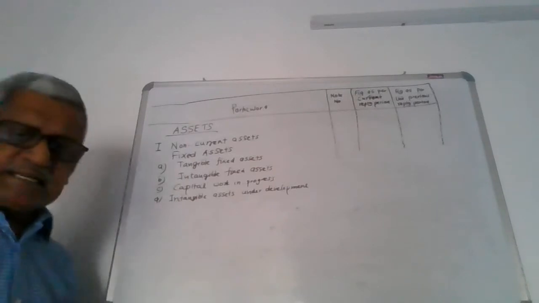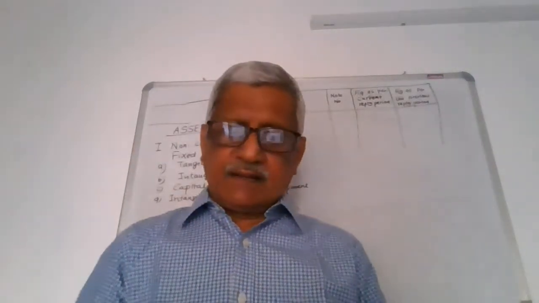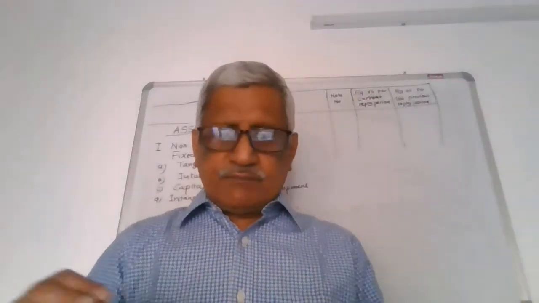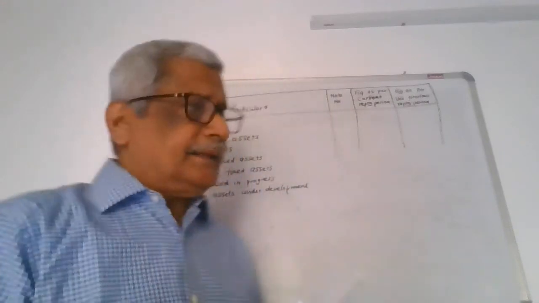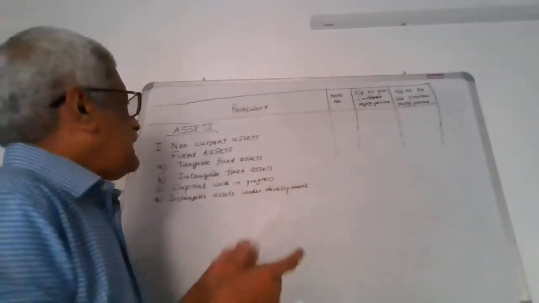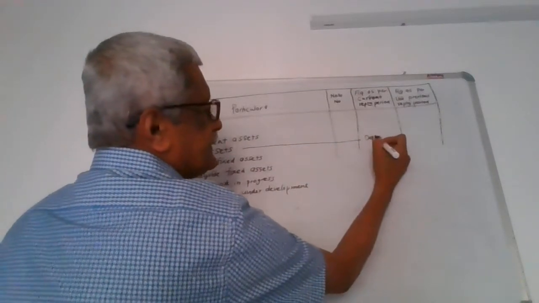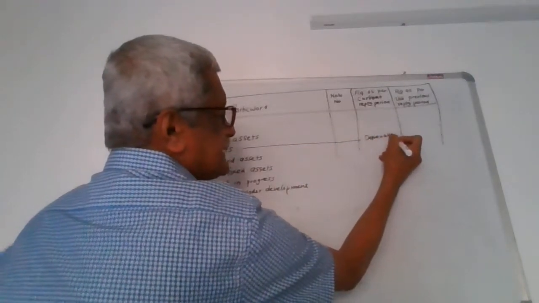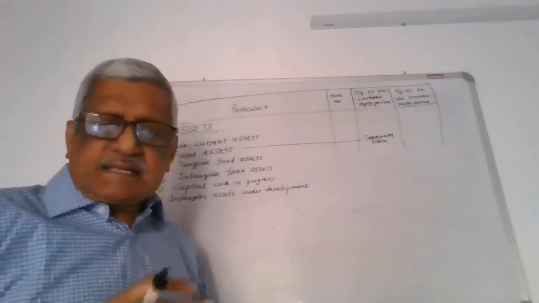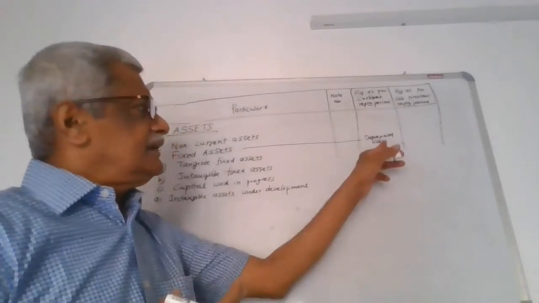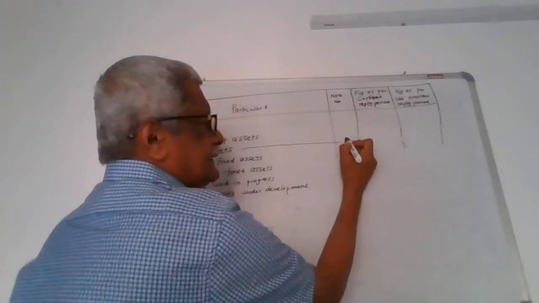The tangible fixed assets, the examples could be land, building, plant and machinery, furniture and fixtures, vehicles, etc. Now, in the balance sheet, what will appear here is the depreciated value, or I will say the net block of the fixed assets. Suppose I want to know how the depreciated value is arrived at, you have to go to that particular schedule.